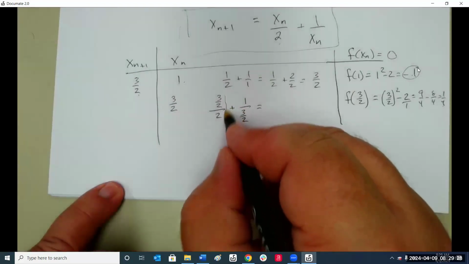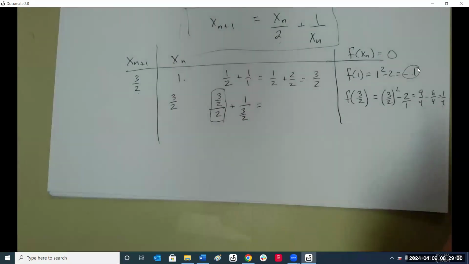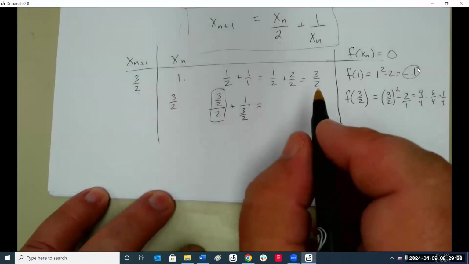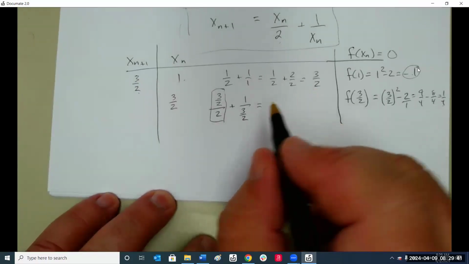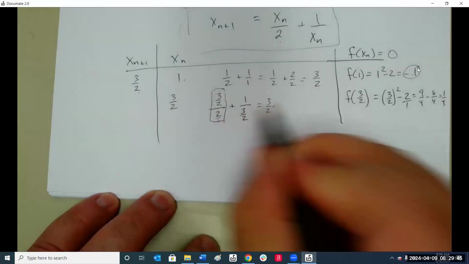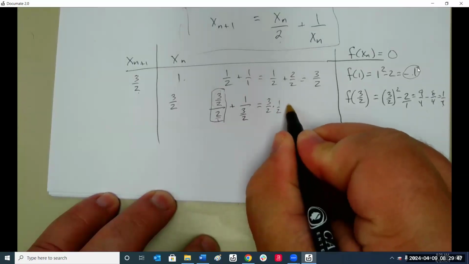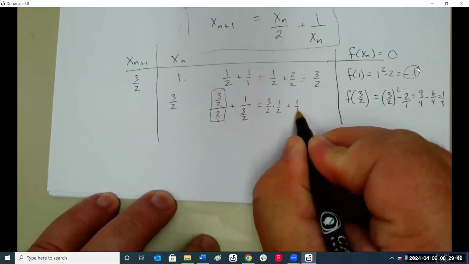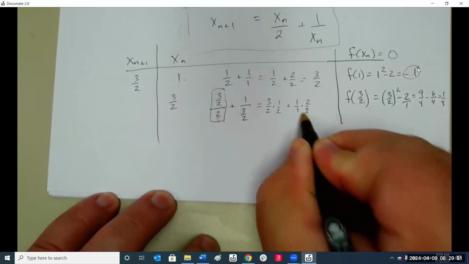What happens to this first compound fraction? How do you solve that one? Yeah, keep the top alone and flip the bottom.